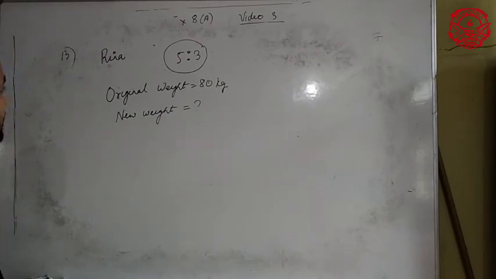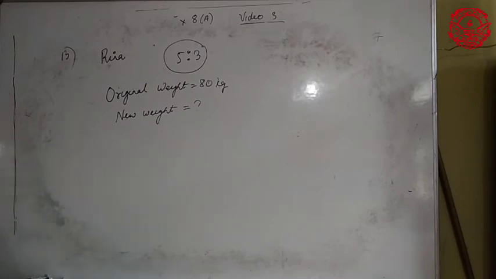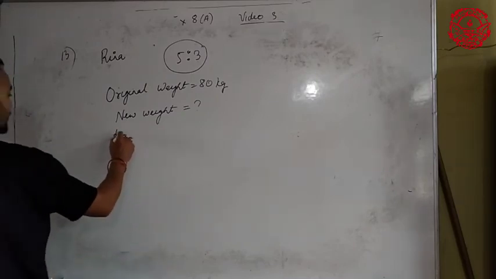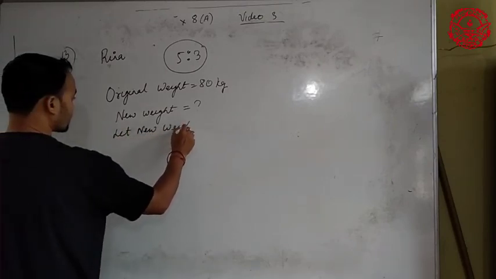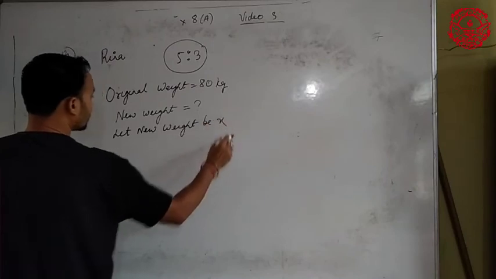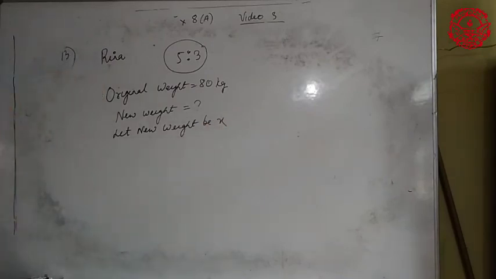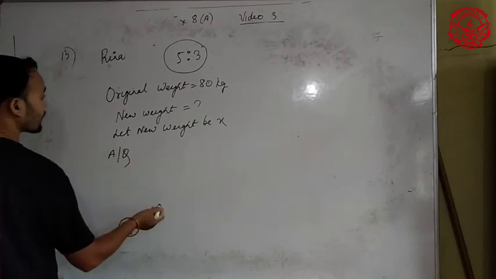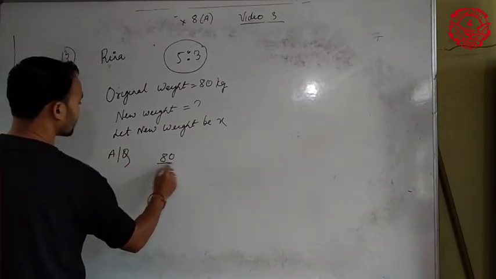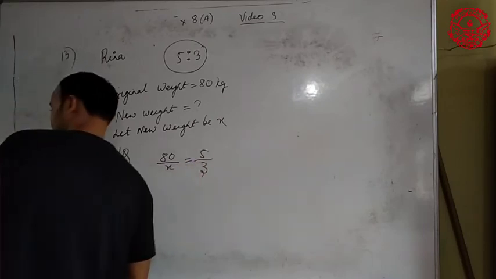How are we going to do this? Now see, we don't know the new weight. Let the new weight be x. Since she is losing weight, the answer x will be less than 80. Now simply do this according to the question. 80 by x equal to 5 by 3.